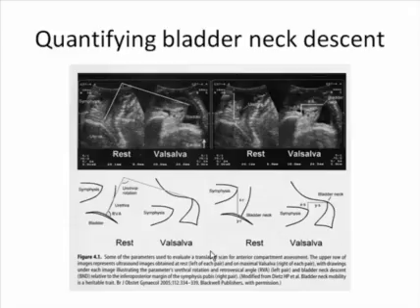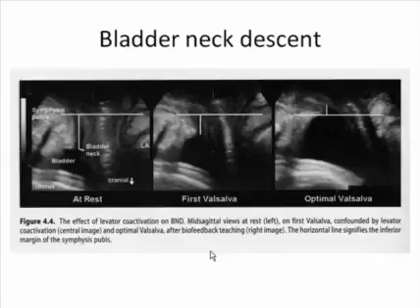Dr. Dietz has published in several journals how to quantify the bladder neck descent, and I've shown you very briefly how to quantitate this, and you can refer to his articles that are excellent on this topic.